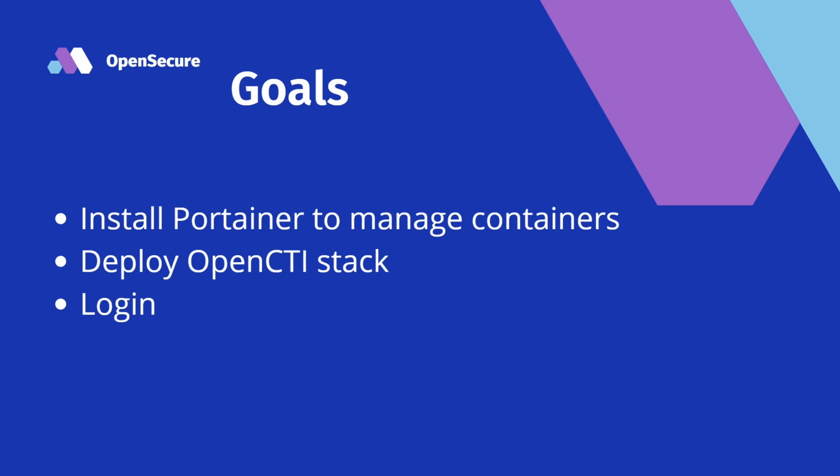So the two VMs make up this Docker Swarm architecture, and will be responsible for running the containers required for OpenCTI. We're then going to deploy our OpenCTI stack, and then make sure we can log into our OpenCTI console.